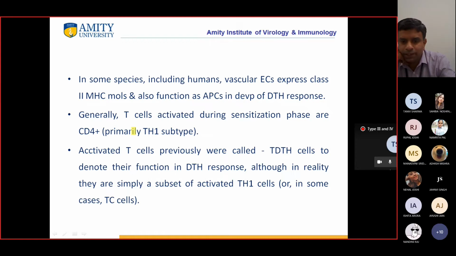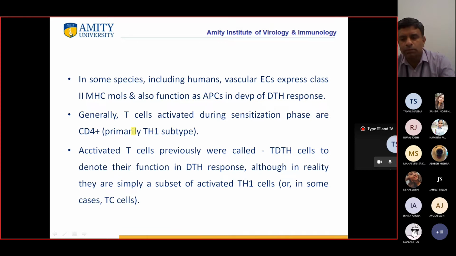Okay, so generally the T cells activated during the sensitization phase are CD4, right? So obviously APC activates CD4 positive T helper cells. These activated T cells were previously called TDTH cells, to denote their function in delayed type hypersensitivity response.